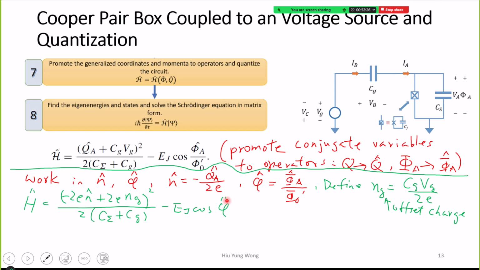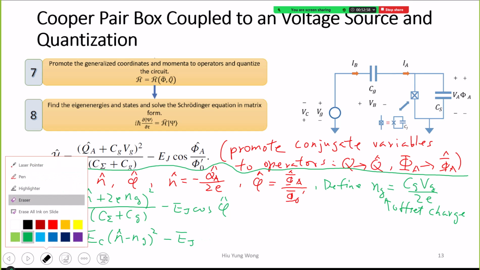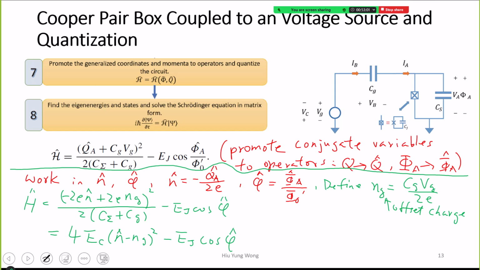So now we go back to the phase and number operators instead of the charge and flux operators, and they are just scaled by some numbers. Continuing, I will get 4 EC times n hat minus Ng squared, minus EJ cosine phi hat.